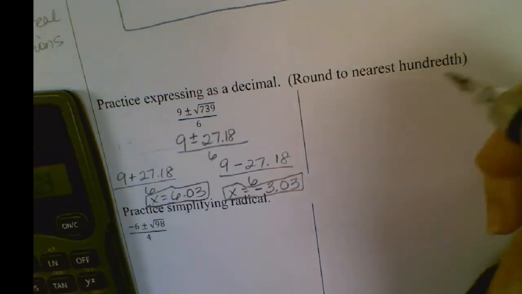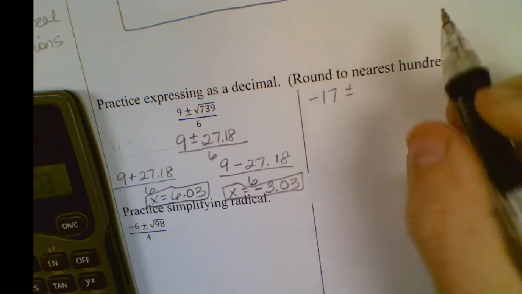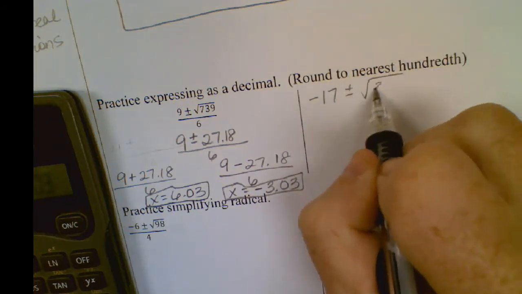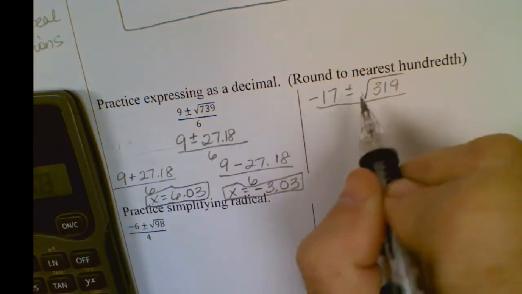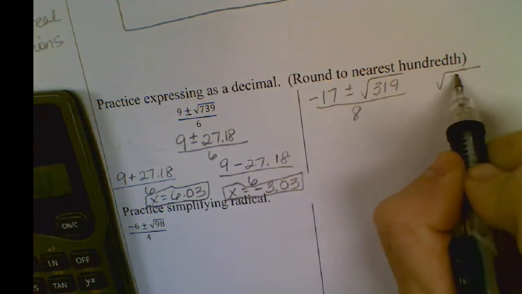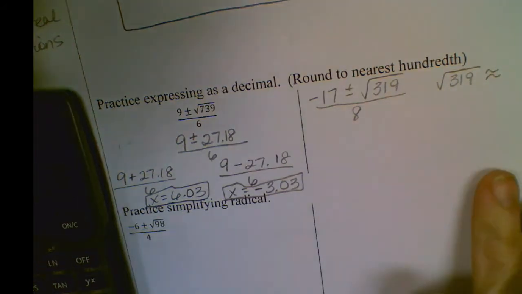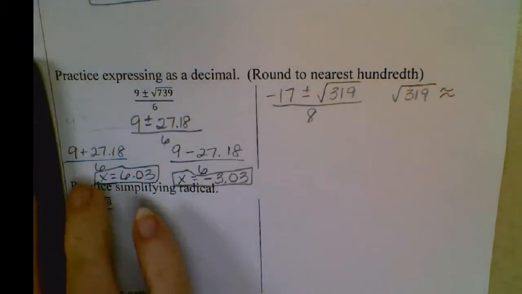Let's try another one with decimals. So let's try negative 17 plus or minus the square root of 319 all over 8. And I'm going to figure out what that square root of 319 equals, approximately. When you see squiggly equal signs, that means it's approximately that much.